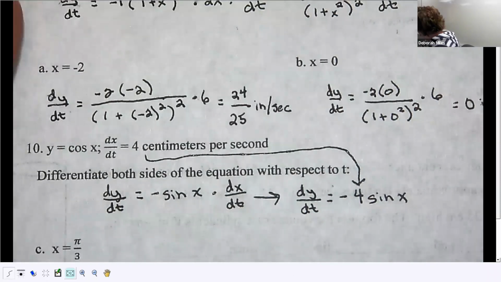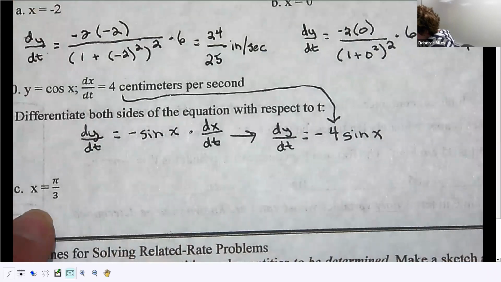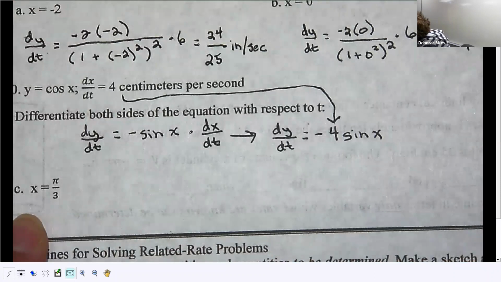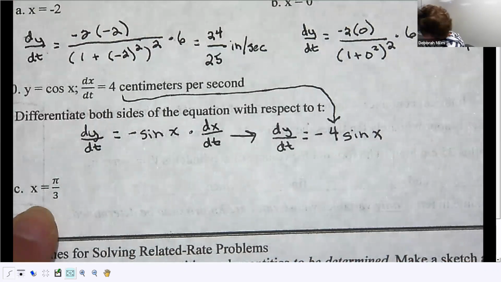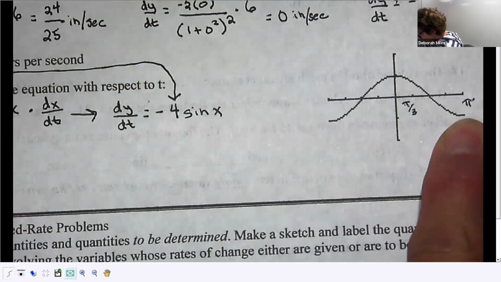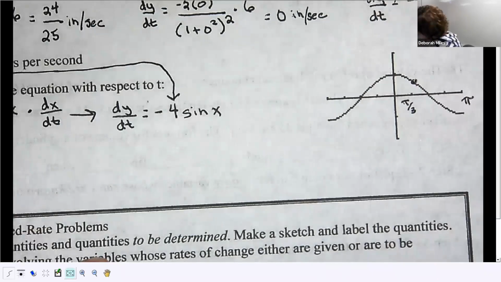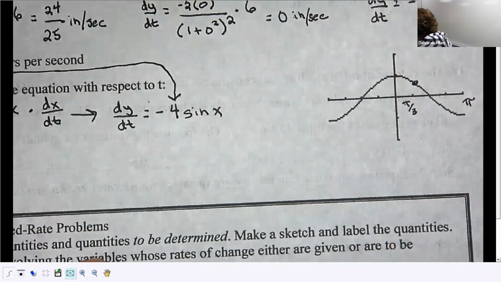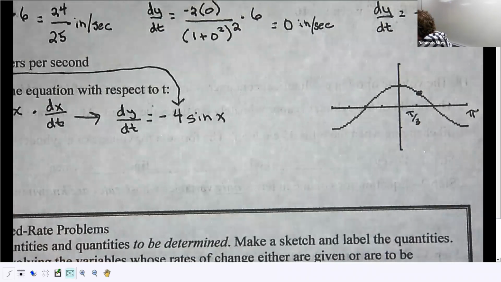So at x equals pi over 3, if I'm counting by pi over 3s, that's 1/3 pi, 2/3 pi, and this is a whole pi. Then at pi over 3, right here, do you expect your dy over dt to be positive or negative?